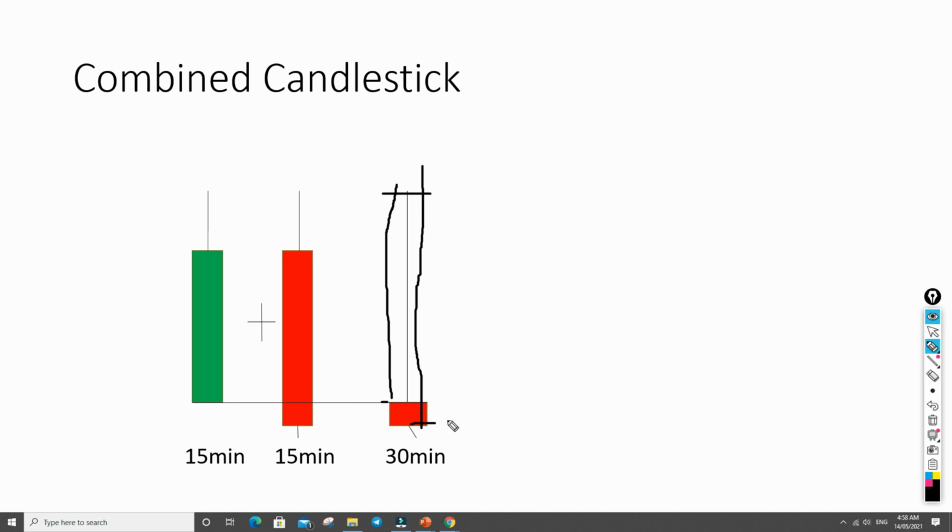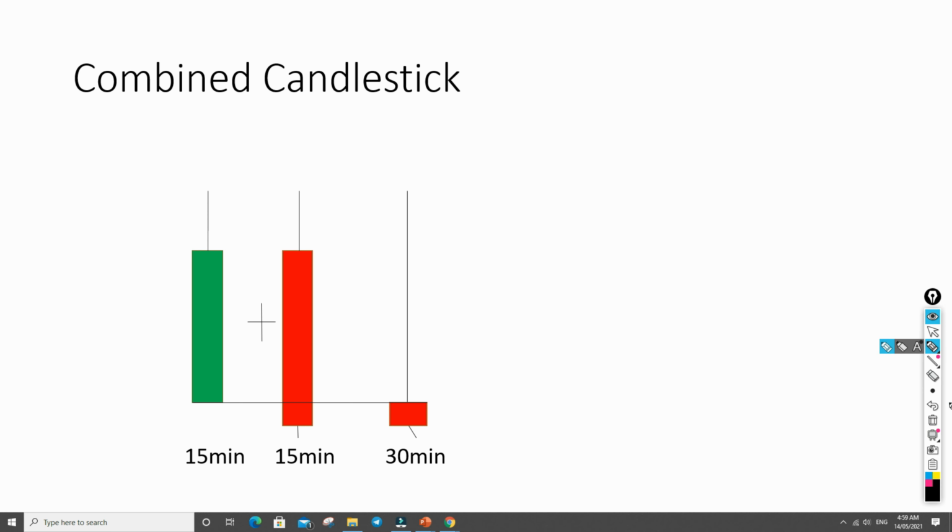So for the 30 minute candle, the open is here and the close is here. This is the rejection, and this is the body of the candle. So on the 30 minute chart, you will basically see a hammer. It is very, very important that you understand this concept of multi-time frame or combined candlesticks.